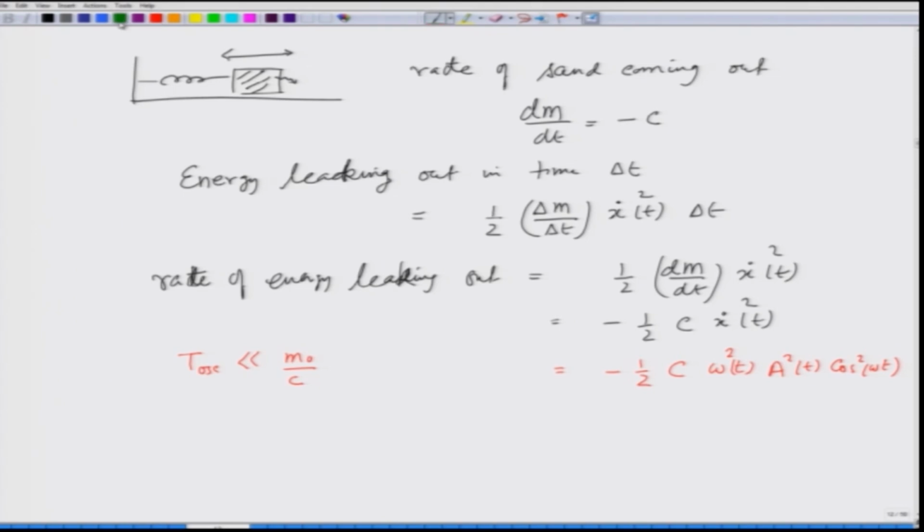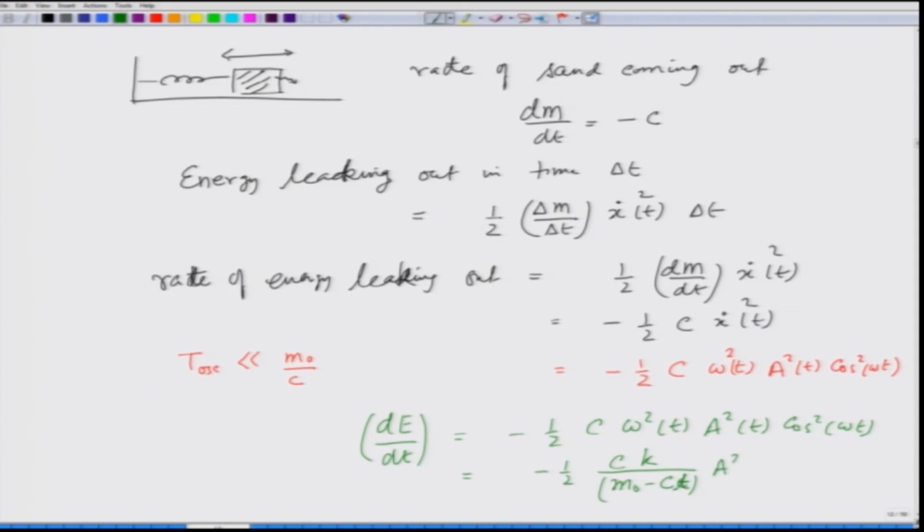So, let me write this equation in a different color. dE dt, the rate at which energy is going out at any time t, is minus 1/2 c omega square t a square t cosine square of omega t, which I can further write as minus 1/2 c k divided by m naught minus c t, a square t cosine square omega t.